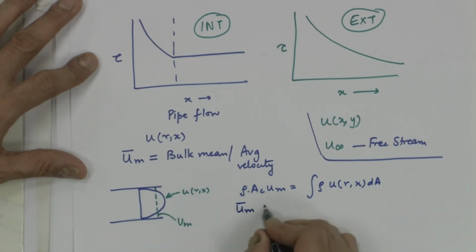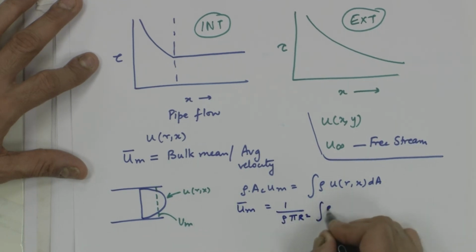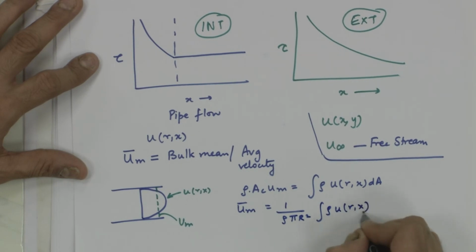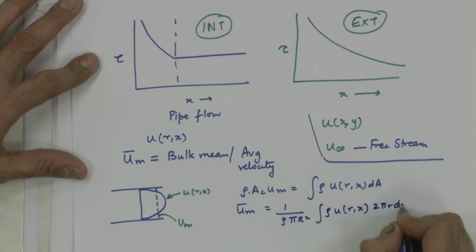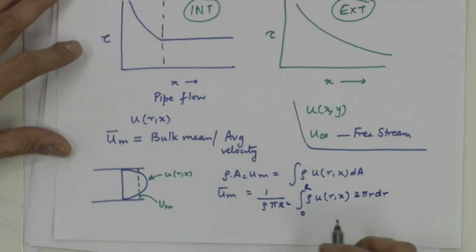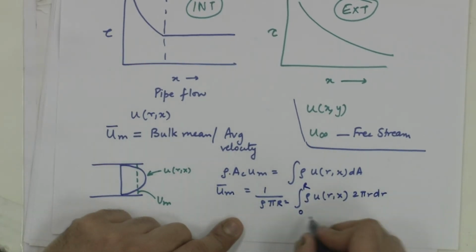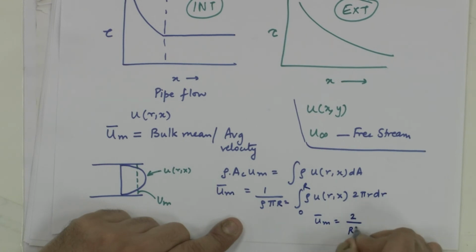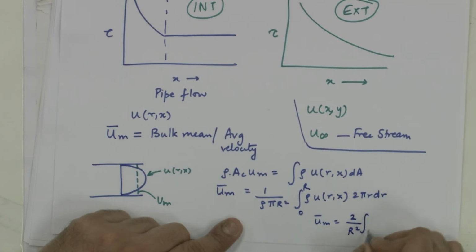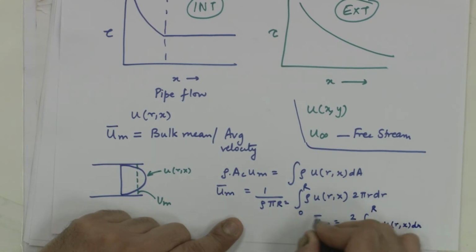So, u bulk mean is equal to 1 by rho pi r squared times the integral of rho u of r comma x 2 pi r dr from 0 to r. Rho cancels, pi cancels, and you get u bulk mean equal to 2 by r squared times the integral from 0 to r of r u of r comma x dr.